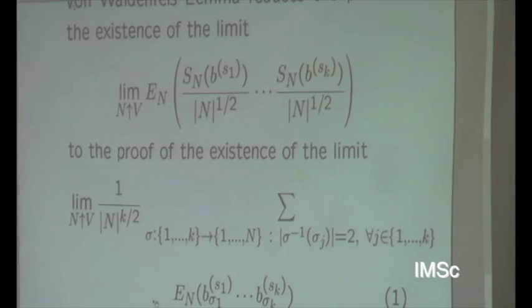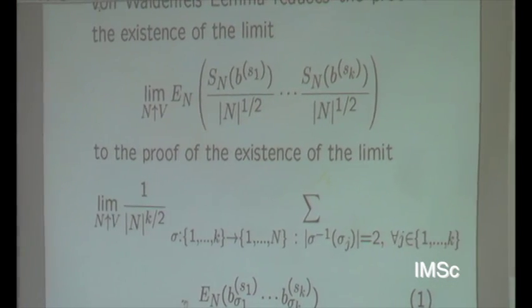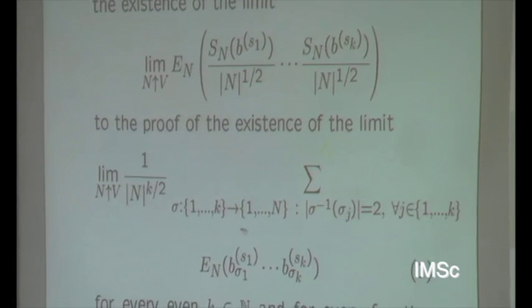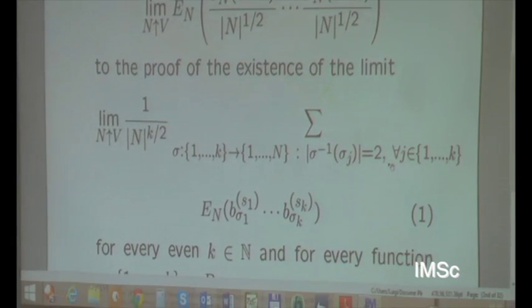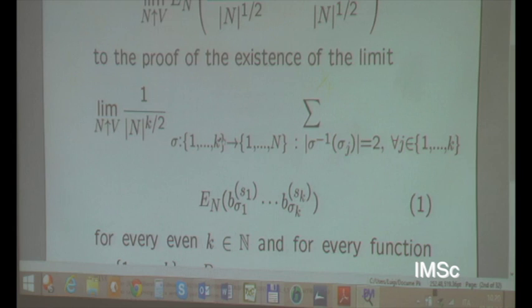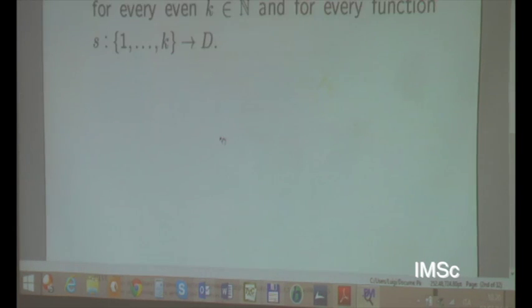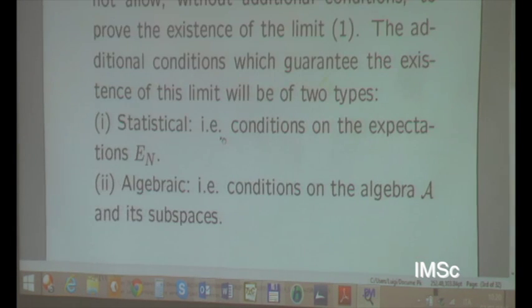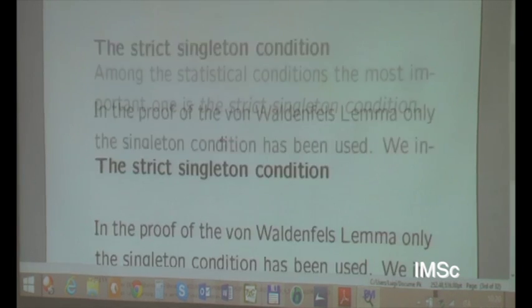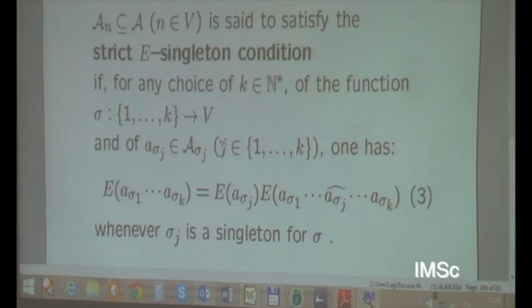In this formula, I have the sum over all the pair partitions of this K. We know that K must be even.